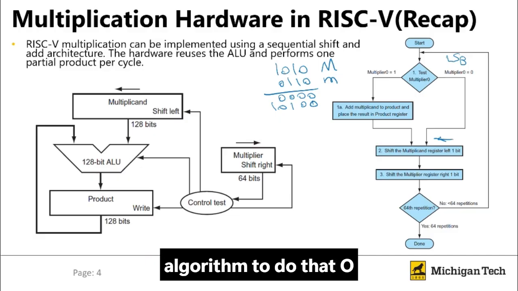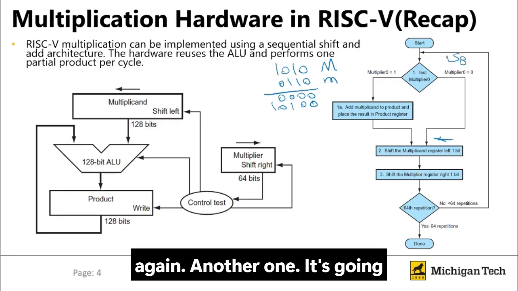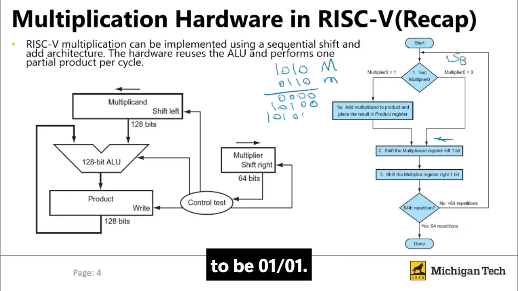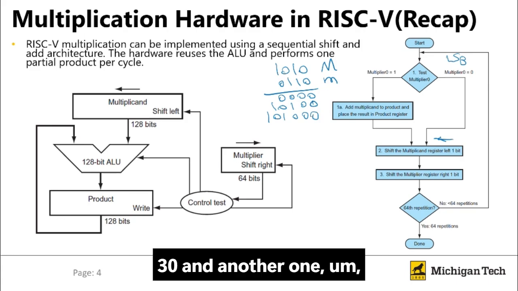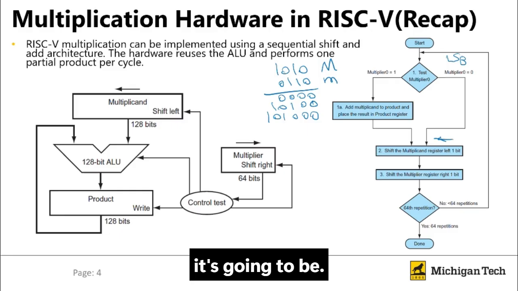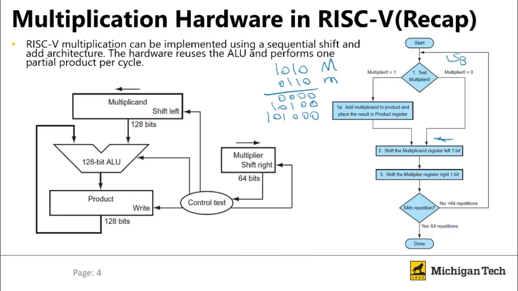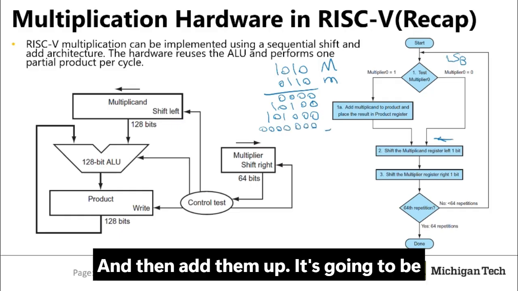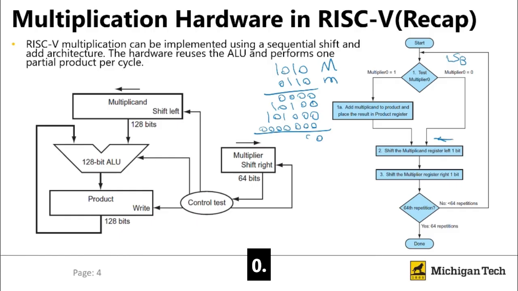So again, another one is going to be 0, 1, 0, 1, 0, and another one is going to be 0, 0, 0, 0, and then add them up.